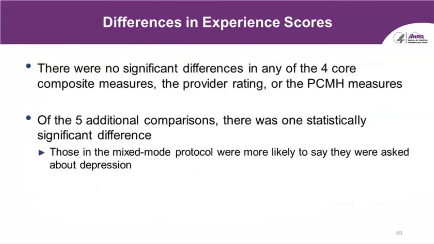Basically, there were no significant differences in any of the 4 composite measures, the provider rating or the patient-centered medical home measures. Of the 5 other comparisons, there was 1 statistically significant difference, such that those in the mixed mode protocol were more likely to say that they were asked about depression.